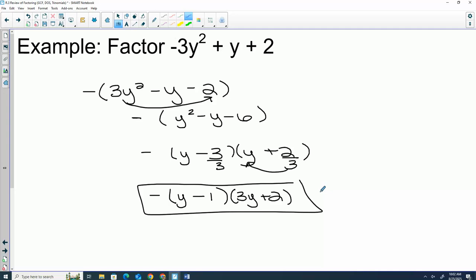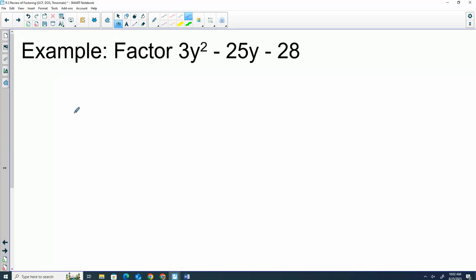Can we try one with some bigger numbers? If you need a calculator, you might grab one.